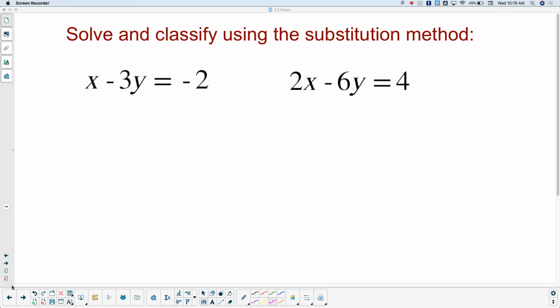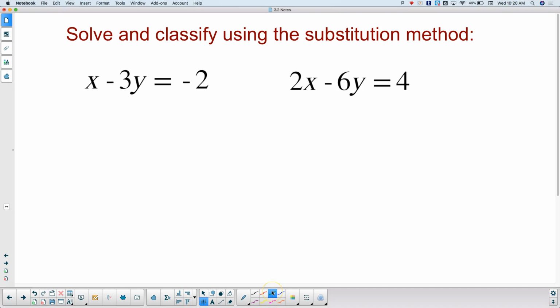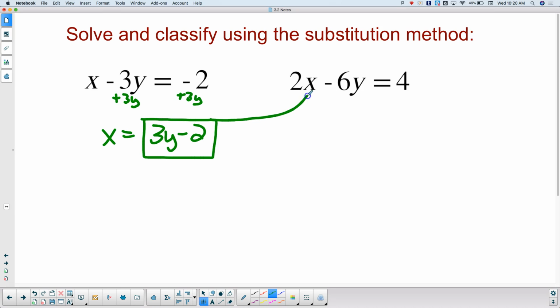Okay? Left x, left y, right x, right y. Which one is the easiest one to solve for? Left x is the easiest one to solve for. So if I take this and I add 3y to both sides, that gives me x equals 3y minus 2. And I'm going to take that and put it in for x in my other equation.